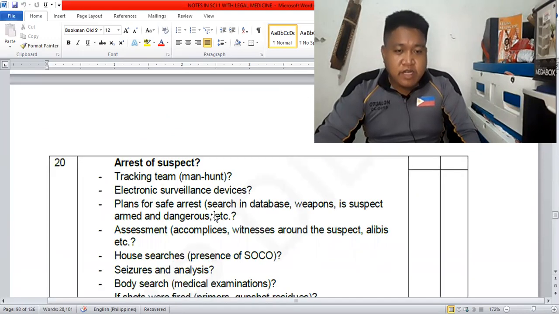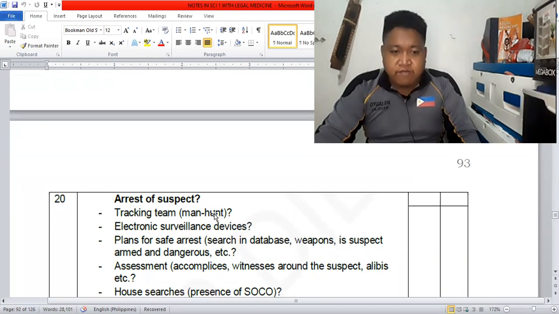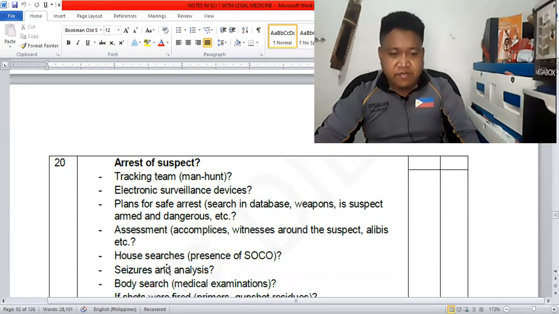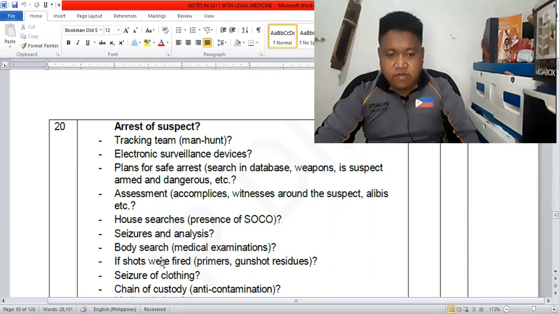Then number 20, the arrest of suspect. Is it through manhunt? Did you do electronic surveillance? Did you plan for the safe arrest? Yan. Kailangan yan para hindi ka makamali. Then assessment and house searches in the presence of SOCO and witnesses.